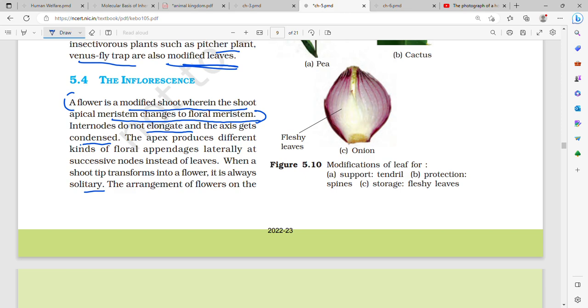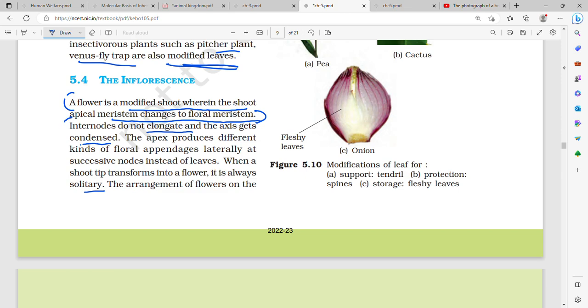So what is a flower? A flower is a modified shoot wherein the shoot apical meristem changes to floral meristem. So flower is nothing but a modified shoot in which the shoot apical meristem changes to floral meristem.